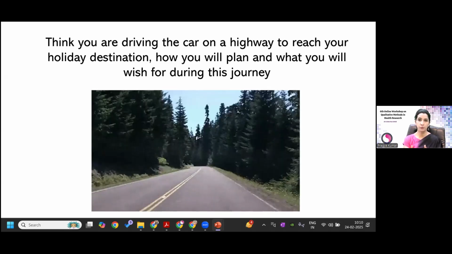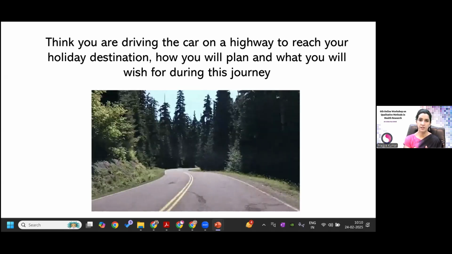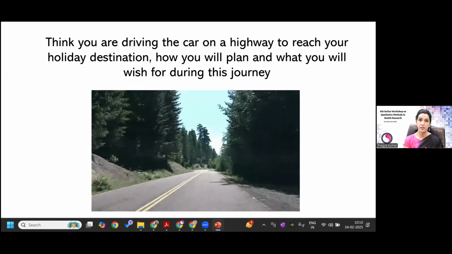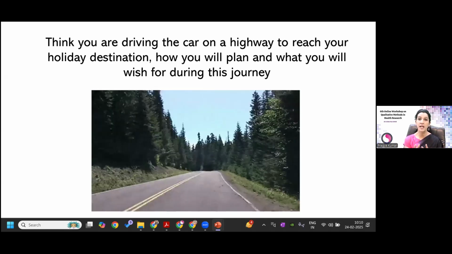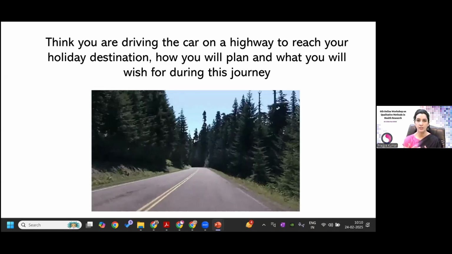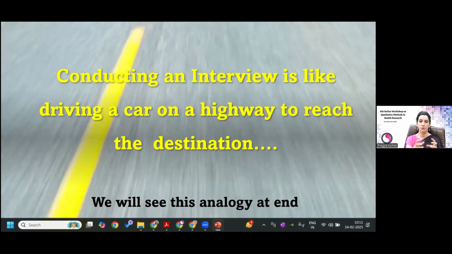If you wish to go to a place for a picnic or vacation by road, how do you plan for that? Similar things you can remember while conducting an interview. We'll see how to correlate between these two.